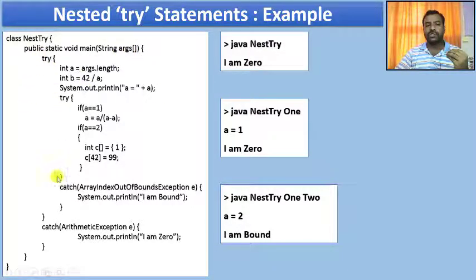Now my program is going to work on command line arguments. When I say java nest try, passing no parameter to my program through the command line, we say it has 0 arguments. If I pass 1 argument, we say it has 1 argument or 1 parameter.